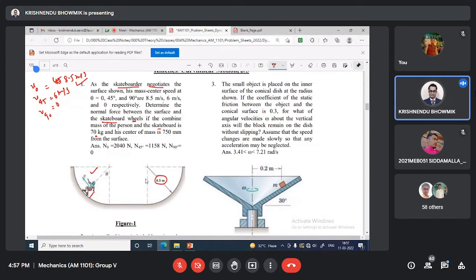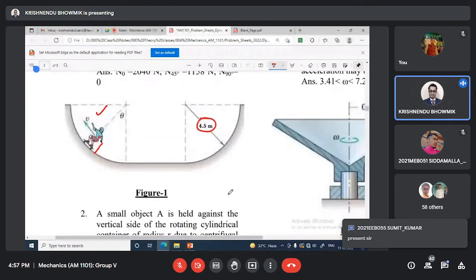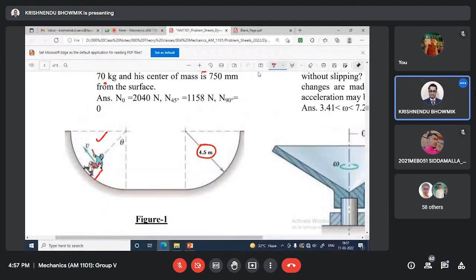Now we can draw one single free body diagram to get the expressions for the remaining. So this is the point.